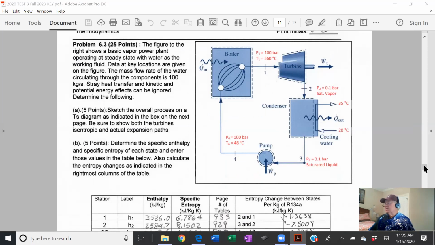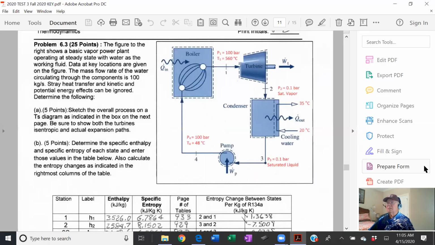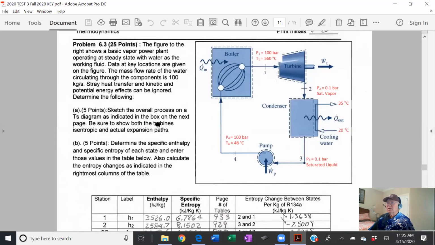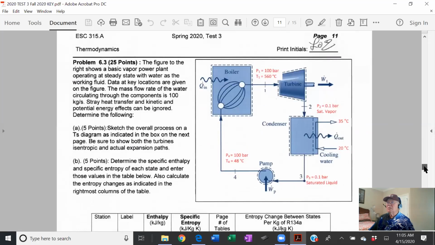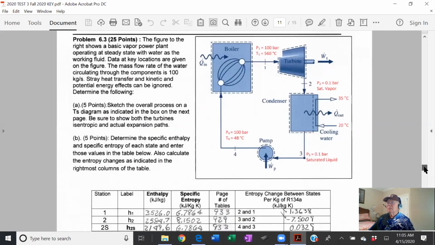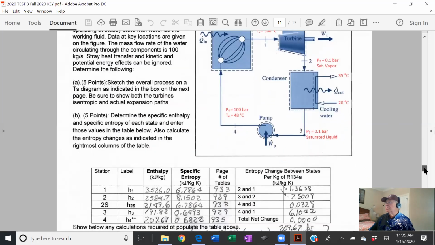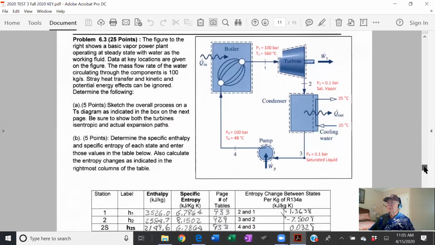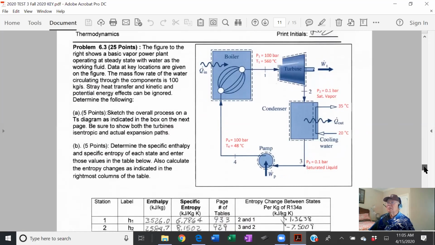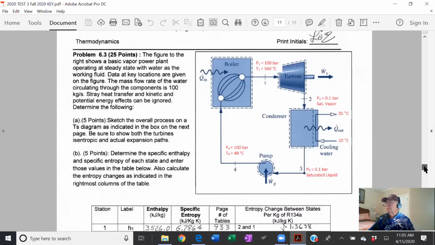Let's see, what did I say here? I don't want that. I give an efficiency, don't I, here for the turbine? I'd give that somewhere. Where did I give that? I'm not seeing that.